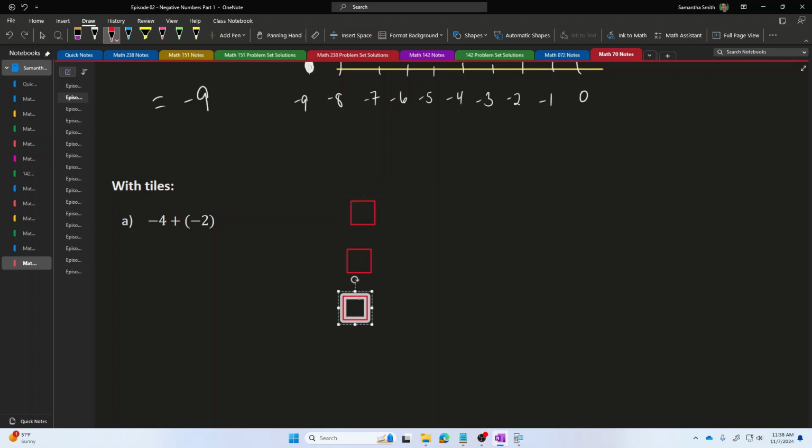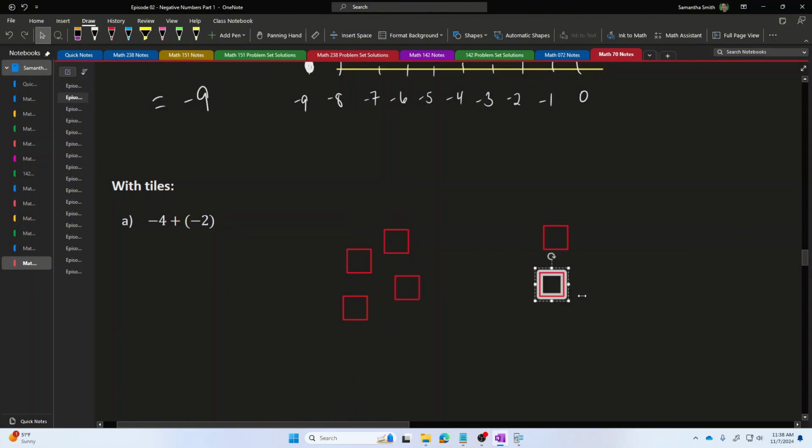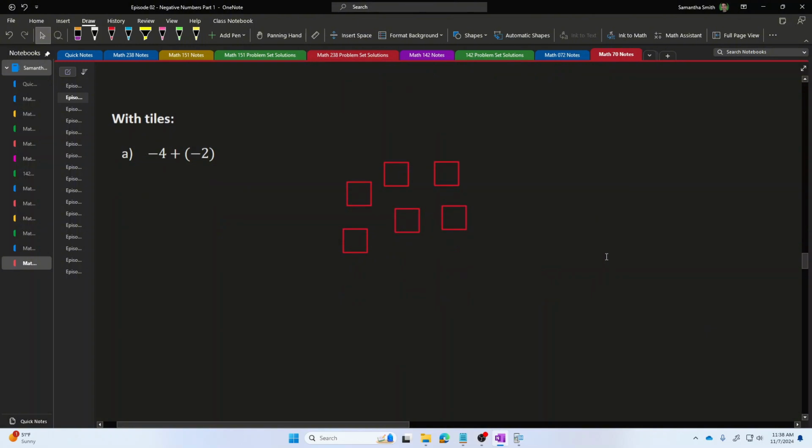So I have 4 red squares to represent my initial debt of 4 units. And then I have another pile of 2 red squares to represent the additional debt I'm taking on. And if I put those piles together, then in total I have 1, 2, 3, 4, 5, 6 negative tokens here.